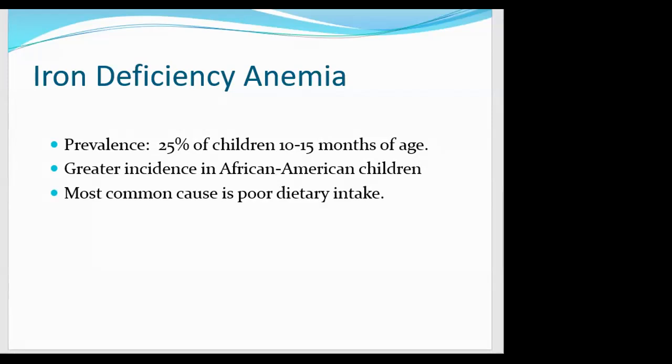These are more often going to be the children who drink a lot of milk. He always has his cup of milk. So an excessive intake of cow's milk puts the child at risk for iron deficiency anemia. Malabsorption disorders, prolonged diarrhea, poor dietary intake of iron, of course, and blood loss. All of these are risk factors for iron deficiency anemia.